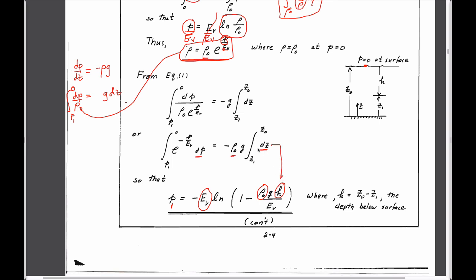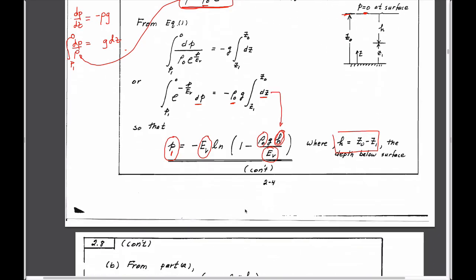Of course, the difference between these elevations, Z1 minus Z2, may be switched because of a negative sign, but this is just the difference between the elevation on the surface and the elevation at depth, because typically we take this as our sign convention, and a constant, which is the bulk modulus of the system. So now this allows us to calculate some pressure within the system as a function of, all these are constants, except for the magnitude of the depth, which we can choose, and we can do the calculation based on that.